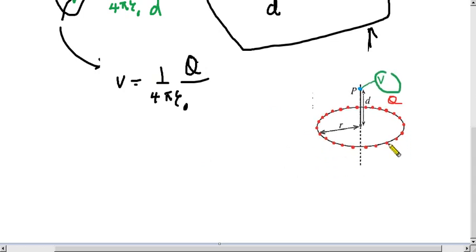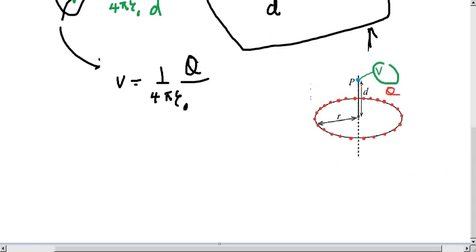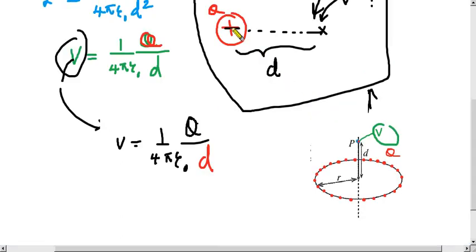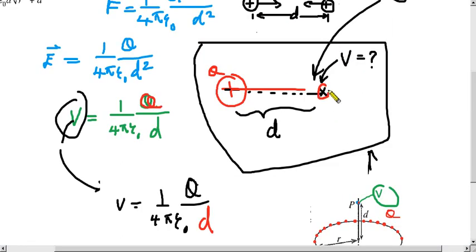So I copied it. So imagine these charges. What is the distance to this point charge? We need the distance from this Q to this point. What we learn in the classroom is this one. So we need this d.